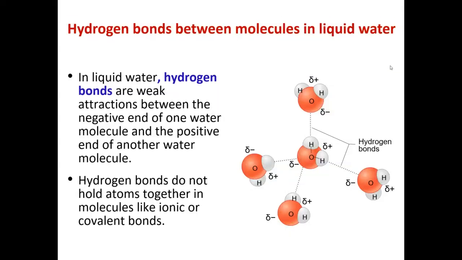All these molecules in the liquid water are weakly attracted to each other, including at the surface here. So these water molecules are pulling together and forming a skin on top. That's why insects can walk on water, and some spiders can walk on water. You can even float a needle on the surface of water if you do it really carefully. That's because of these hydrogen bonds, because water molecules are polar.